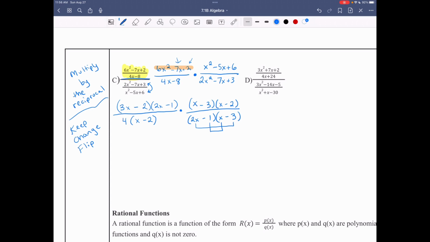And negative 1 and negative 6 equals negative 7. All right, let's see if we can cancel anything. Right now I'm only seeing this as being able to cancel.